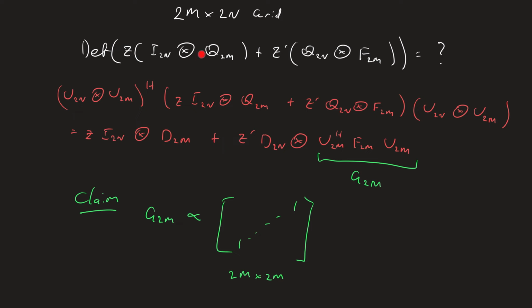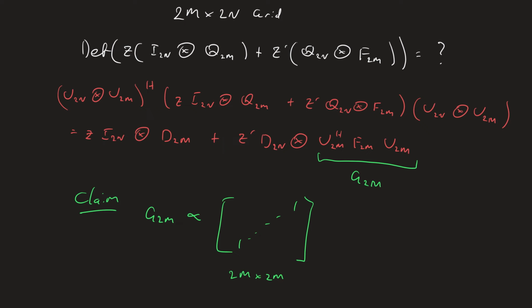This motivates us to ask what we get if we apply U2n Kronecker U2m to this matrix here as a similarity transform. In particular, we want to know what we get if we have U2n Kronecker U2m Hermitian transpose times this matrix times U2n Kronecker U2m.